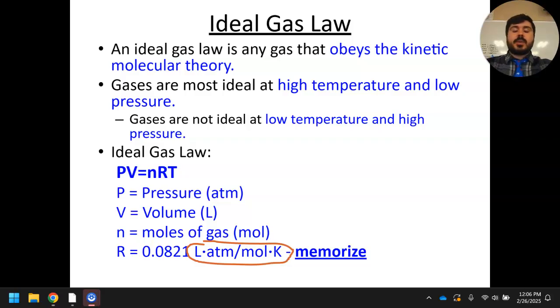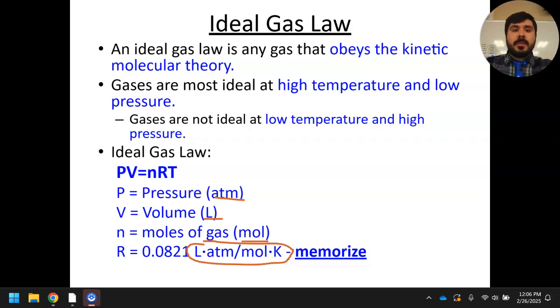Guys, we have to think of this unit just like we would think of these other units. So this is just a unit. This is not some kind of equation baked into this number. It's just a unit, just like you would see that you've got 2 feet. Well, feet is the unit. Same thing here. Liters times atmosphere divided by moles times Kelvin is the unit.